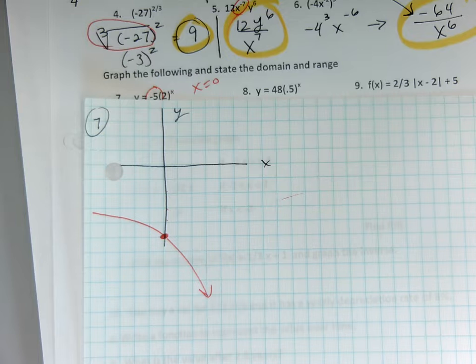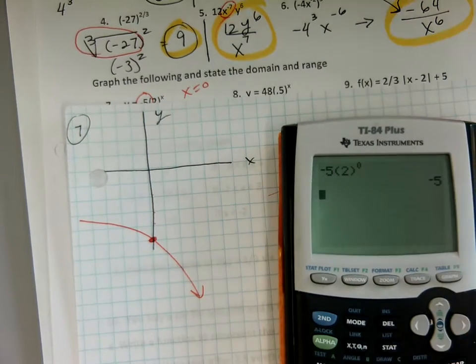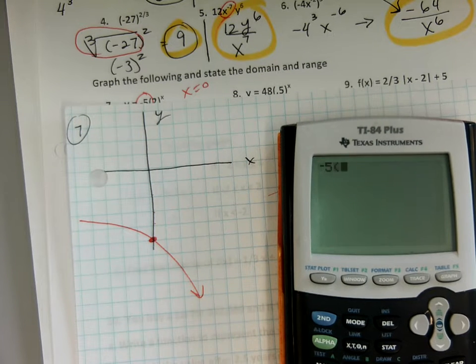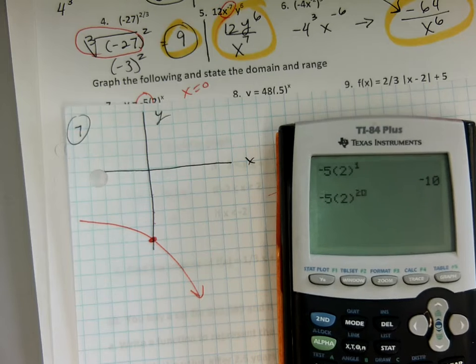Scott? So why isn't it positive when you're multiplying? Great. In fact, one of the things you can do if you're not sure is plug numbers in. I'm going to show you 2 things. Negative 5 times 2 to the 1 power. Negative 5 times 2 to the 2 power.